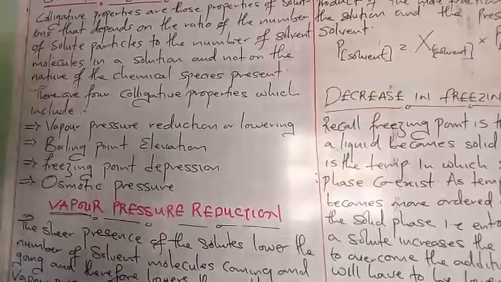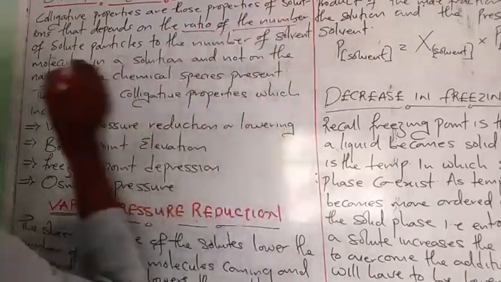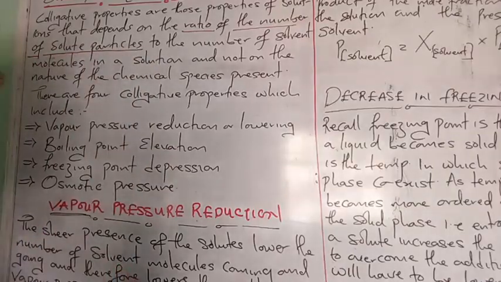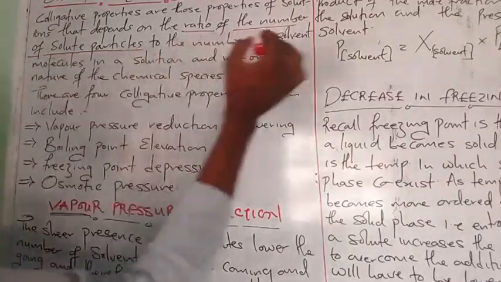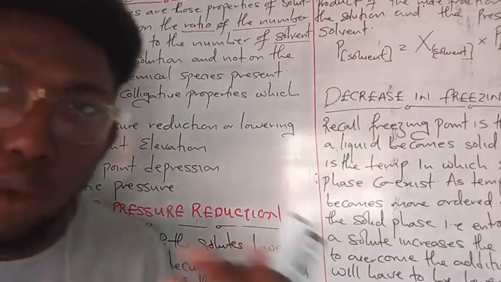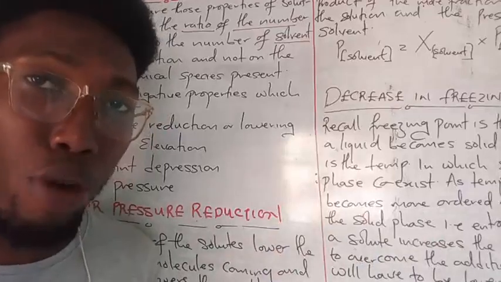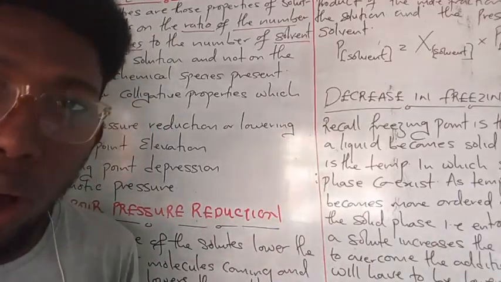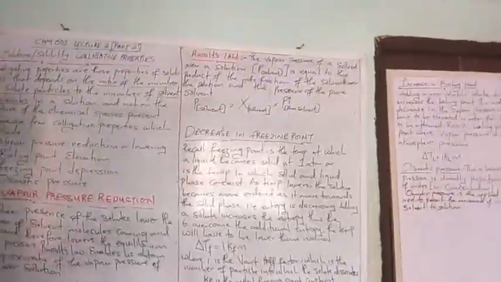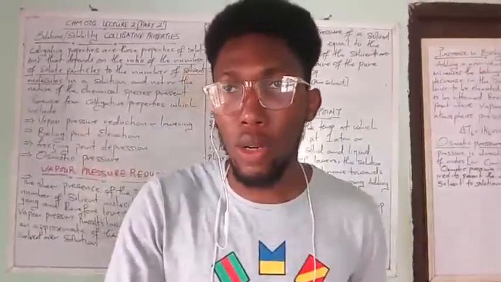We have said that colligative properties are properties of solutions that depend on the ratio of the number of solute particles to the number of solvent molecules, and not on the chemical species, that is, the nature of the chemical species present. That's what we mean by colligative properties.